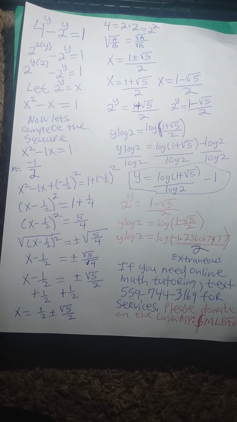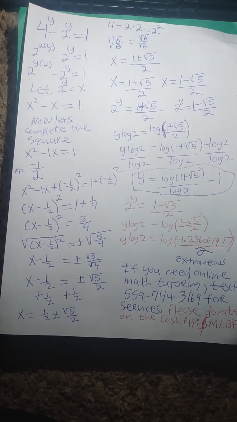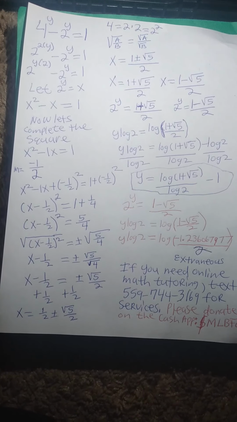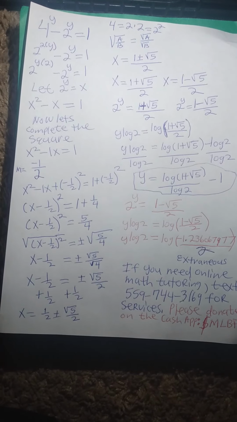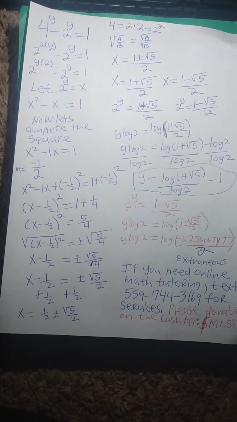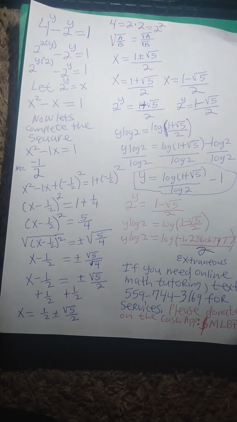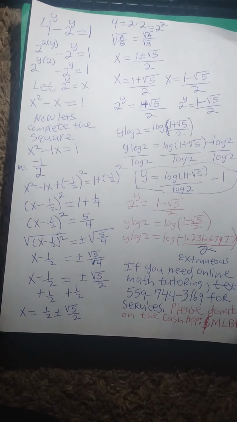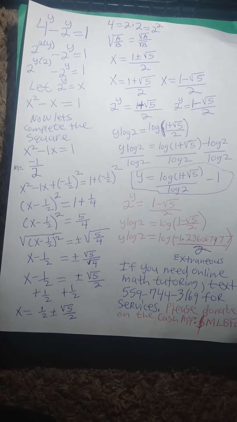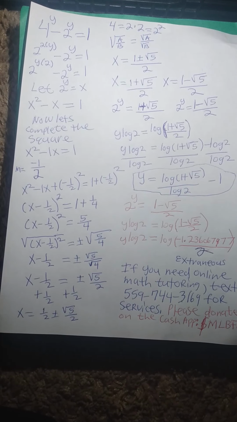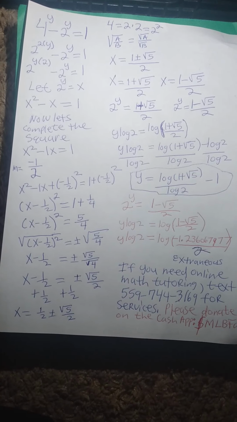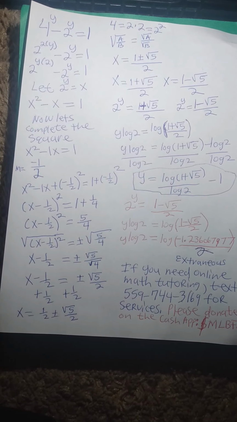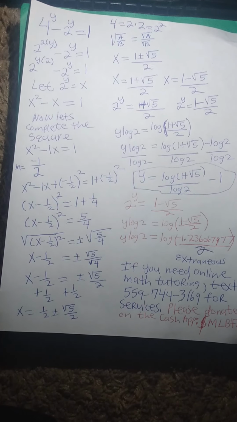We need to know the formula: the square root of a divided by b is equivalent to the square root of a divided by the square root of b. So now the equation will read x minus 1/2 is equal to plus or minus the square root of 5 divided by the square root of 4, so x minus 1/2 is equal to plus or minus the square root of 5 divided by 2.